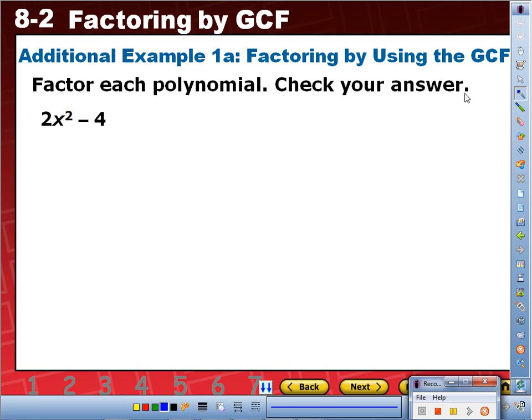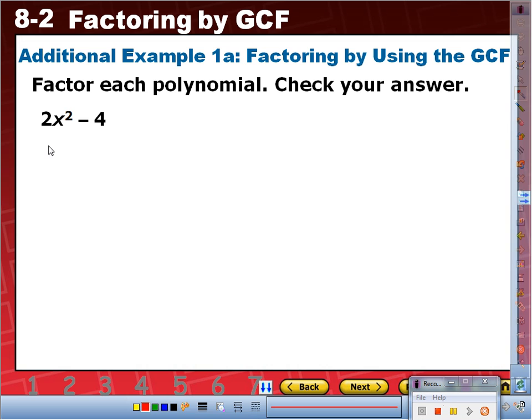According to the steps that we just wrote, step 1 is identify the GCF of every term. So let's see. Greatest common factor between this one and this one, I see that it's 2. That's my greatest common factor.